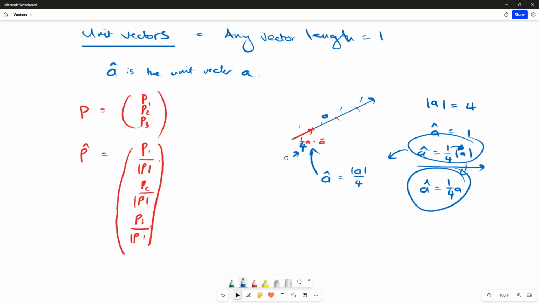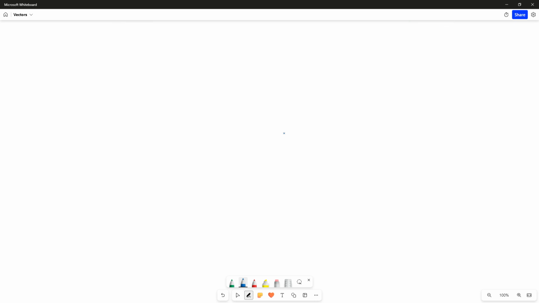All right, let's have a look at an example. The question says, find the unit vector of the vector square root of 5 and 2. So what we have to do is first find the magnitude.